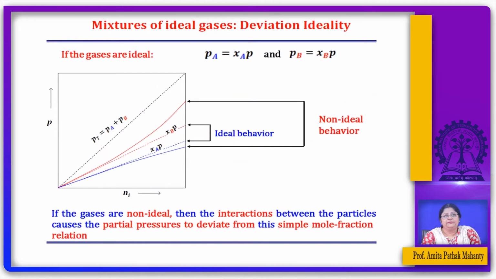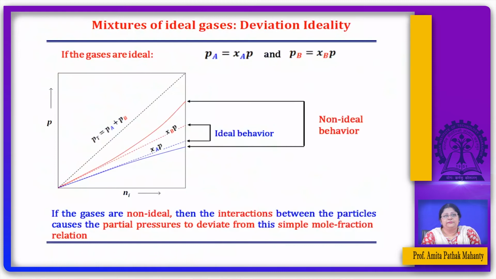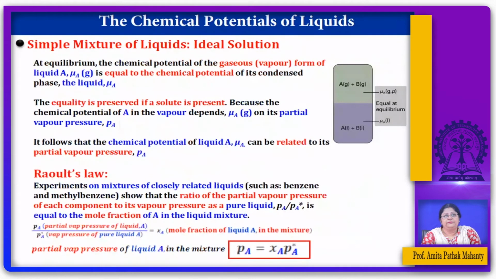I have generated a similar equation for the liquid system, where I said that if the vapors behave like an ideal gas, then the partial vapor pressure of component A is equal to the mole fraction of component A times the vapor pressure of that component in the pure state.